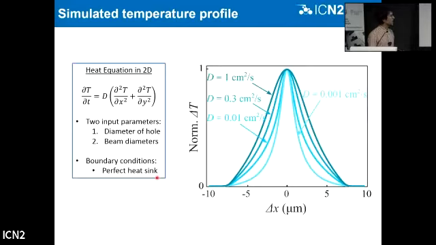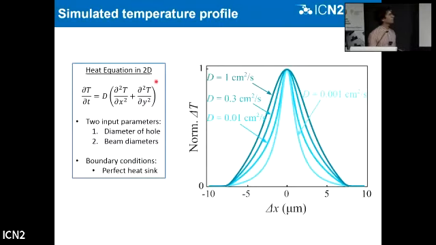This boundary condition of the perfect heat sink, we use in our model to simulate the temperature profile for different diffusivities using the heat equation in 2D and with two input parameters, one being the diameter of the hole and the other being the beam diameters.